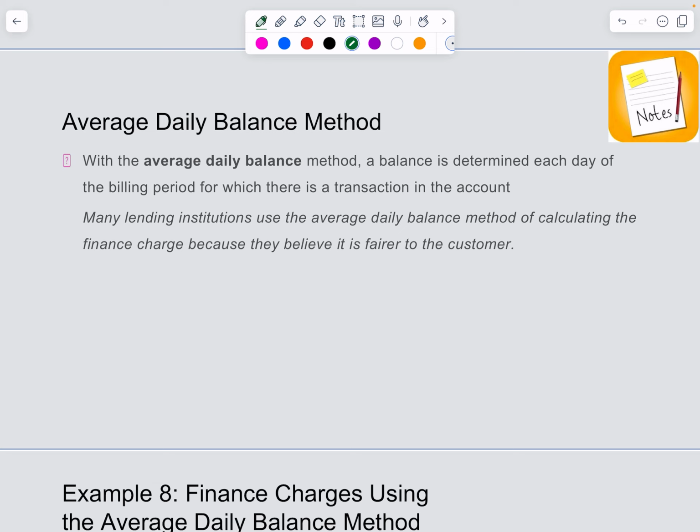Many institutions use the average daily balance method to calculate their finance charge because they believe, quote, it is fairer to the customer. In some cases, this may lead you to paying a higher charge. So, like I said before, make sure if you do use a credit card, you are always paying it off.